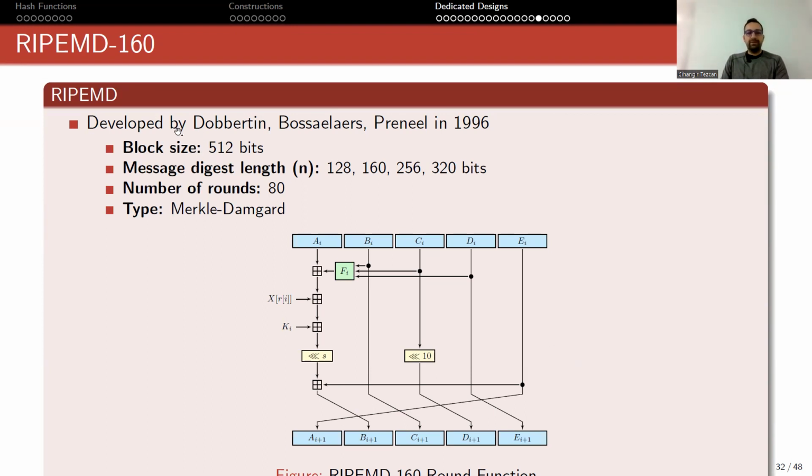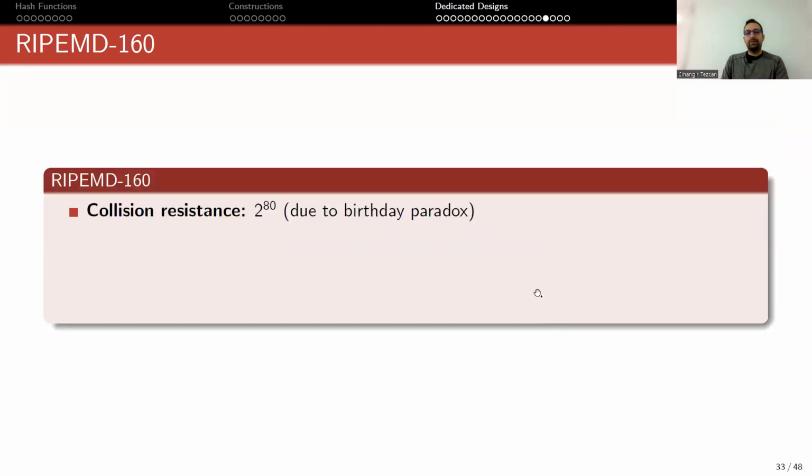So RIPEMD, unlike SHA-1, was developed by academicians. Okay, SHA-1 was developed by the NSA. This time you have a similar design, similar message block size, and similar number of rounds, but you have different places for the rotation and so on. The good thing is that RIPEMD-160, which like SHA-1 has an output of 160 bits, hasn't been broken yet.